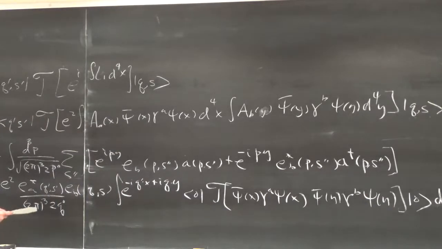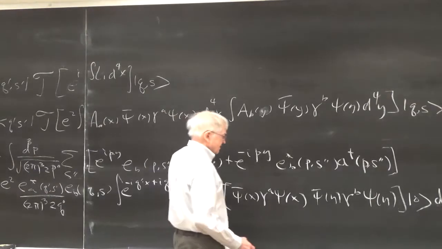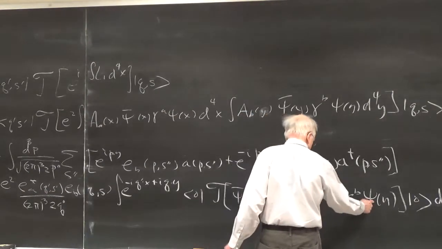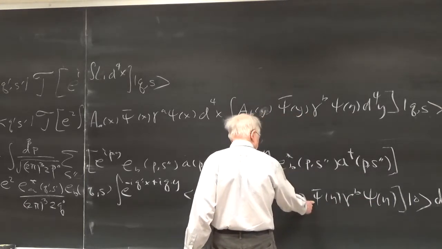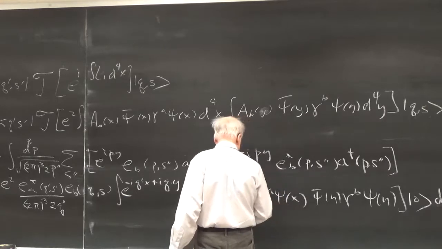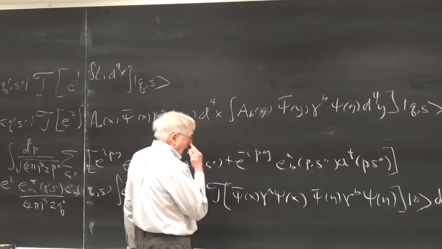And so what we can do, the nice way to deal with this, is to take this psi bar and move it through these various terms to get it here.